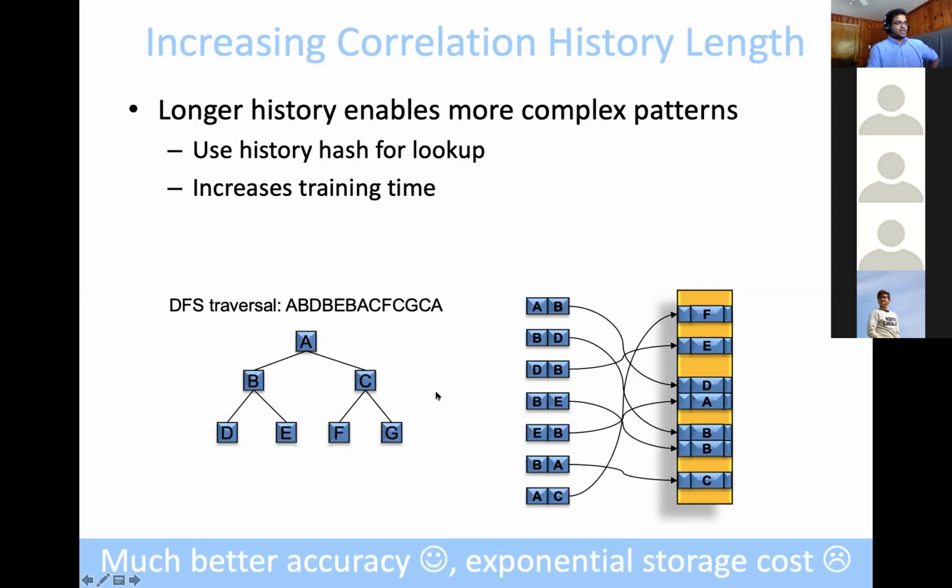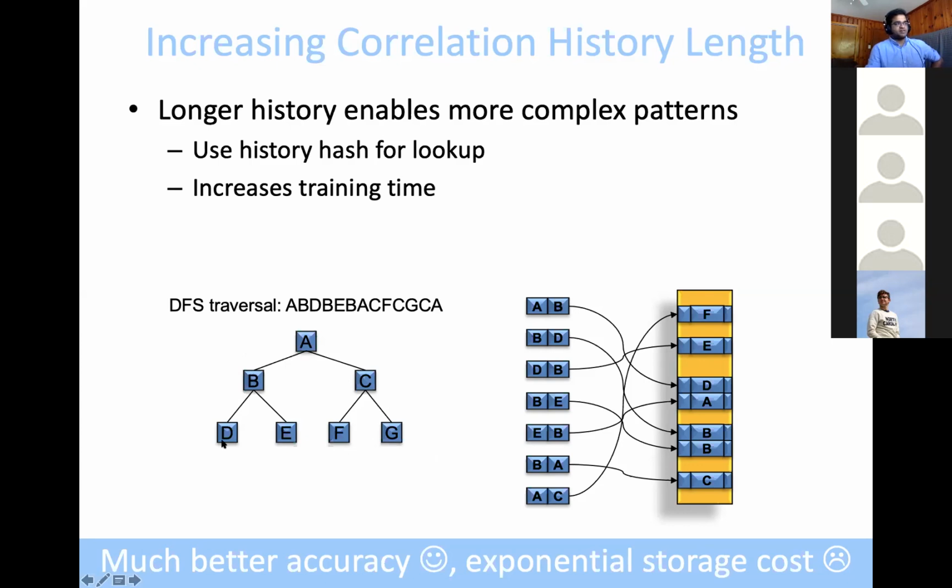So one thing that we can use for keeping track of what to prefetch for something like a tree is to keep track of history, to say what were the two previous nodes that I looked at, right? So if I start at AB, I know that the next node I should go to is D. But if my last nodes are BD, then I know the next node I should go to is B, right?